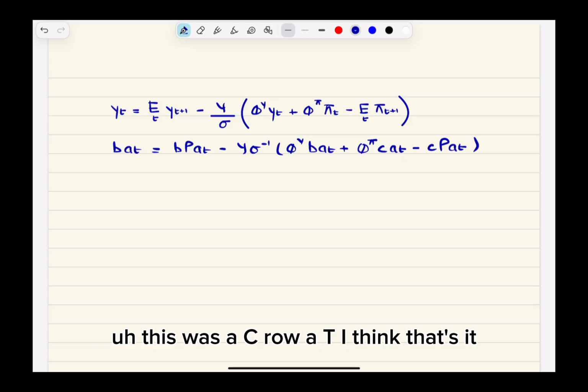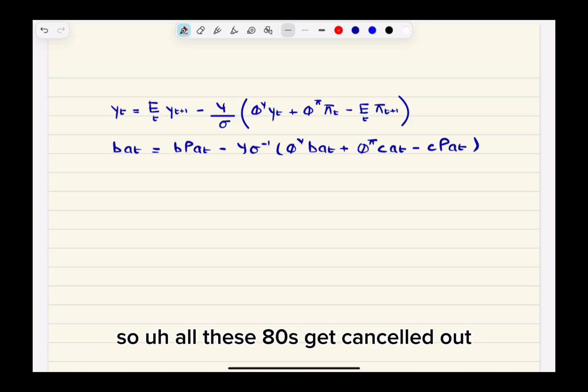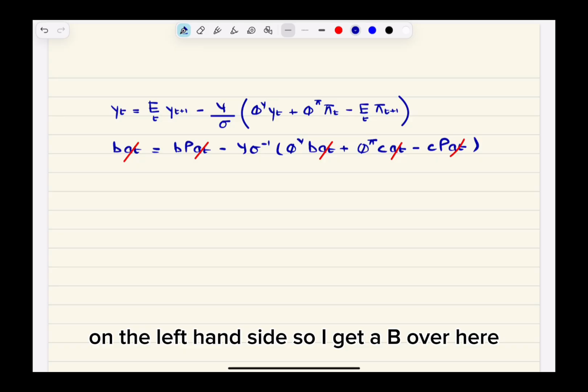I think that's it. Okay, so all these ATs get cancelled out, and we can take B and C on the left hand side.